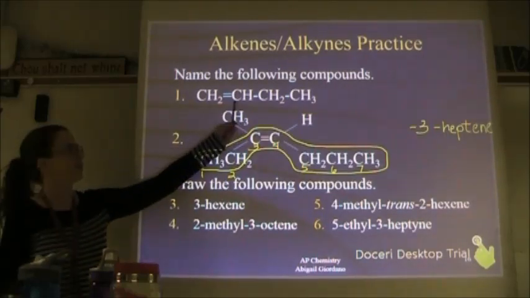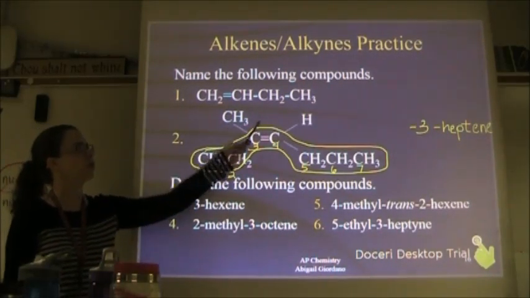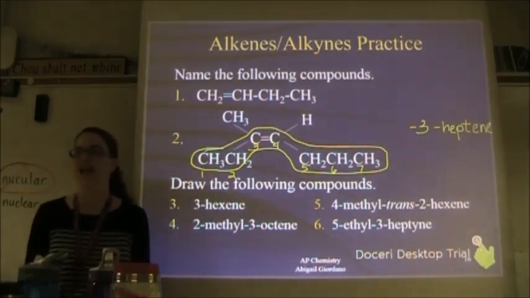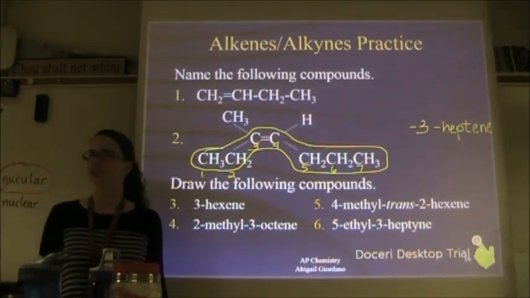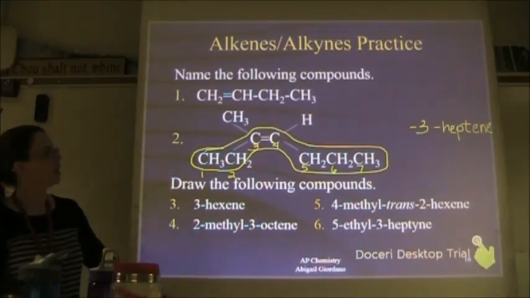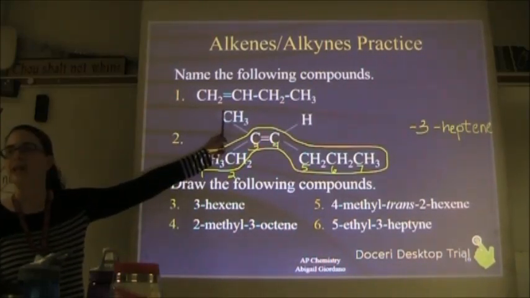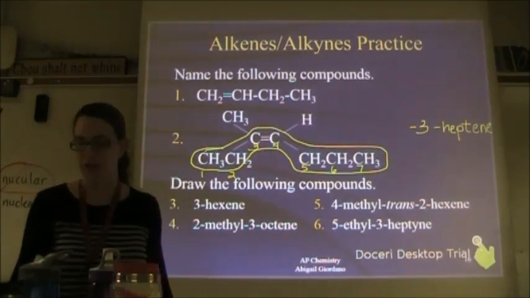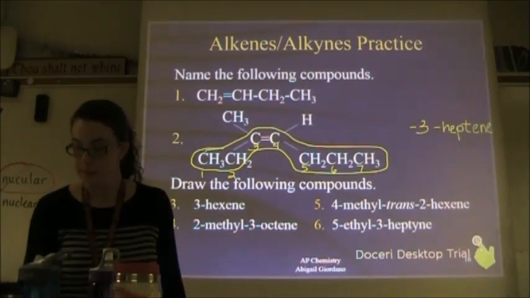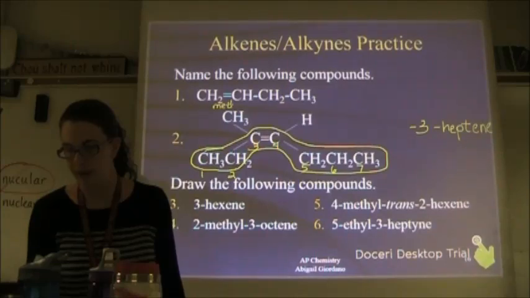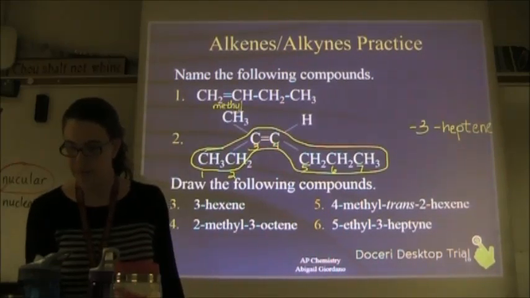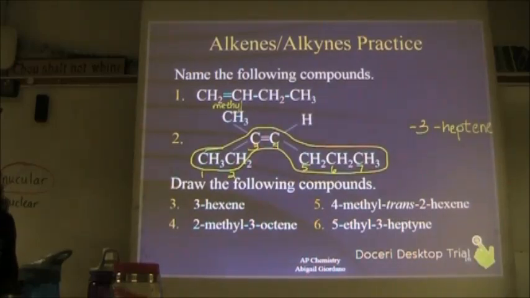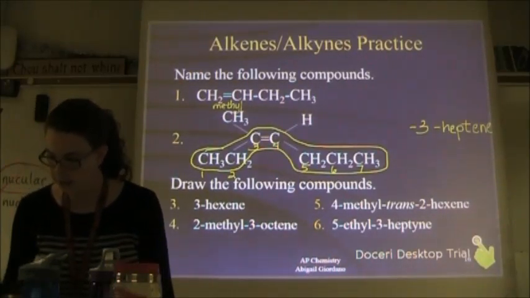What do you remember the word for something that's not part of your main chain? It's something that's attached to it. It's called a substituent group. How do you name a 1-carbon substituent? Methyl. It's called a methyl group. Okay. And which number carbon is it attached to? Okay.